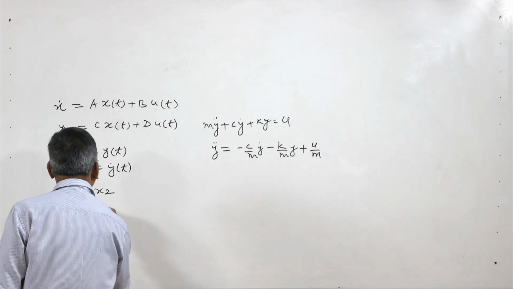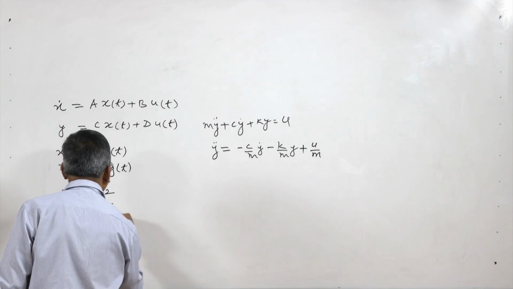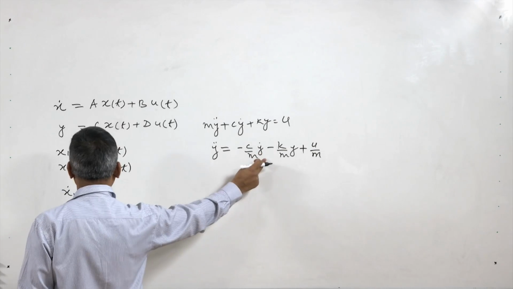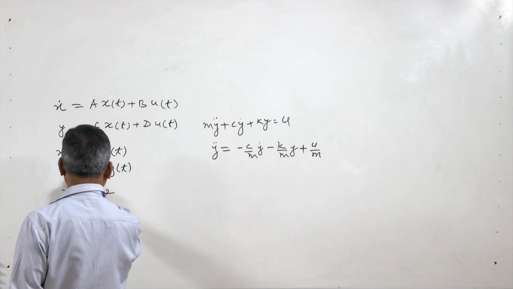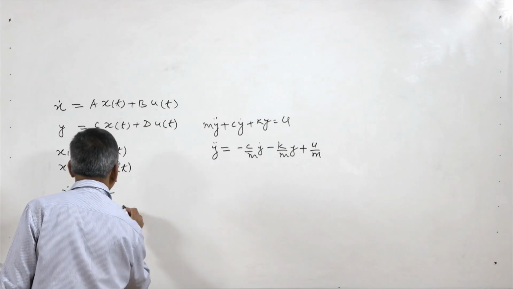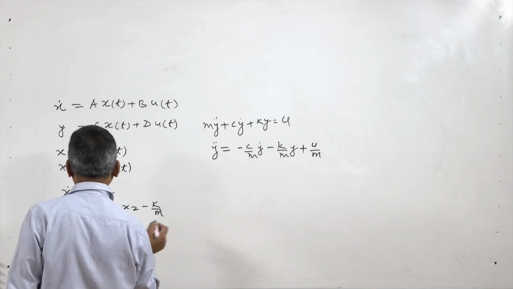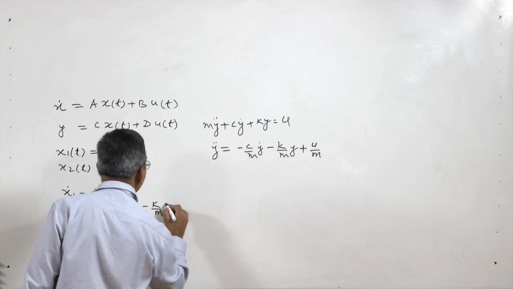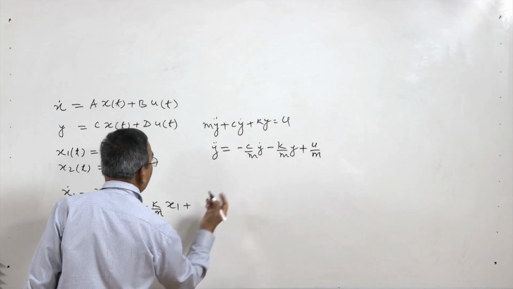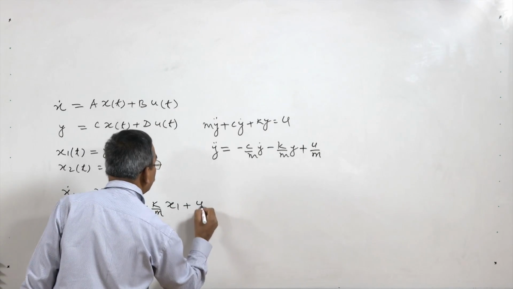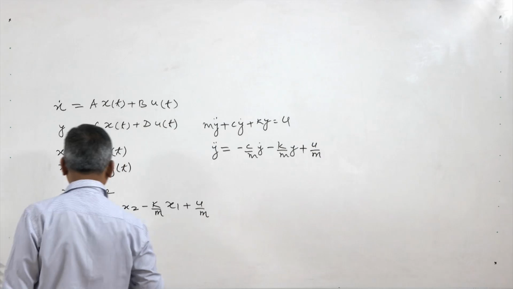So, I have x2 dot is equal to this y double dot, and y double dot is this one. So, this is minus c by m, and this y dot we have already taken as x2. So, I just write minus c by m x2 minus k by m. What is my y? y I am writing as x1, plus u by m.